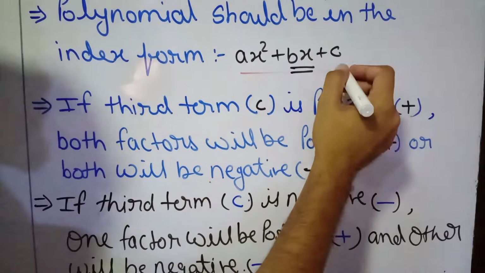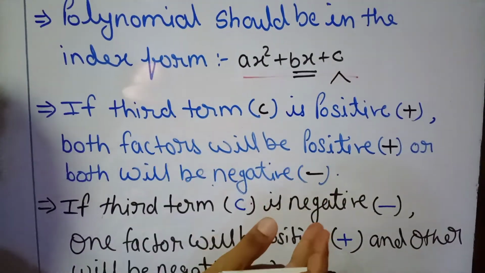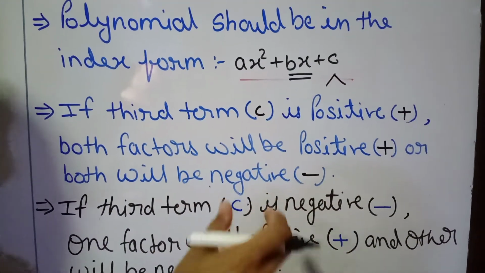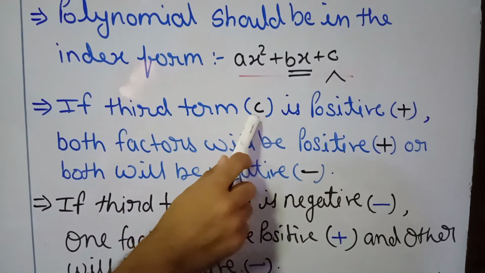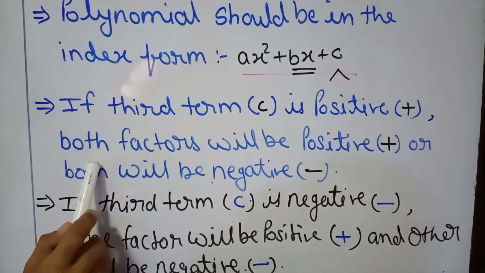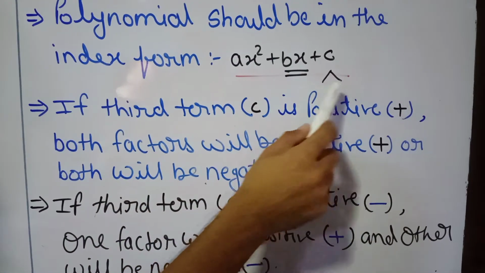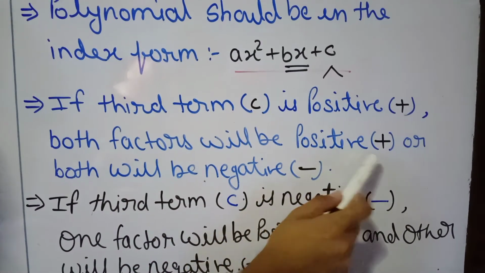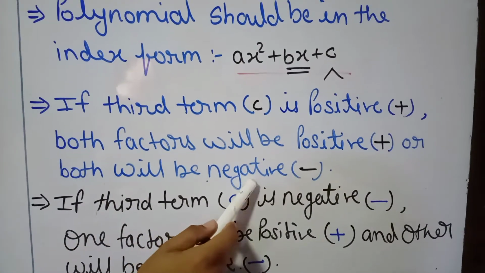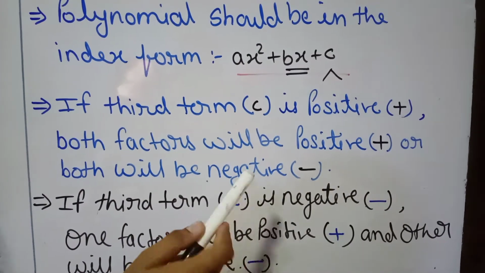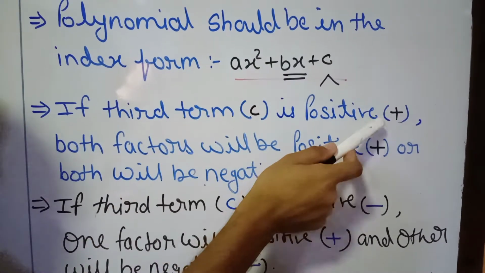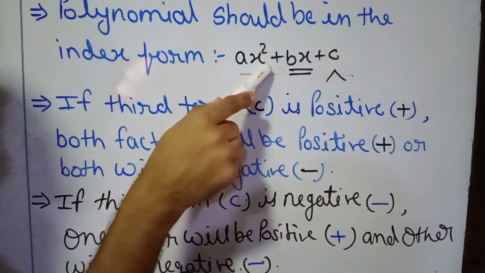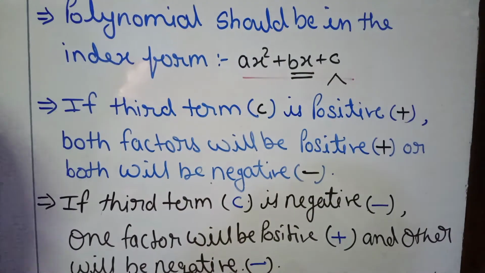So we are factorizing c into two parts that should give the answer bx. If the third term c is positive, both factors will be positive or both will be negative. That depends on b: if b is positive, bx is positive, so both will be positive. If bx is negative, both will be negative.